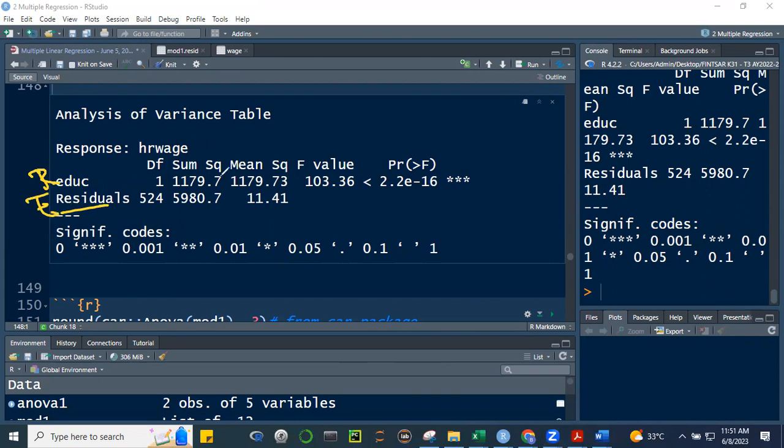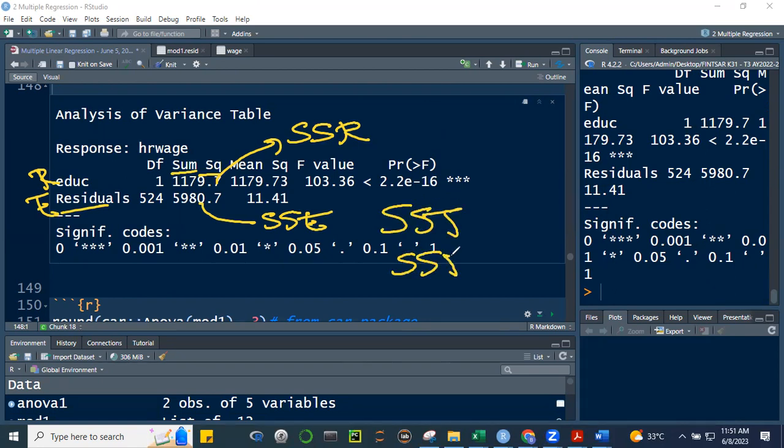So this class is the SS, the sum of the squares. This is your SSR, and this is your SSE. I mentioned a while ago that there are three things we need to look at: your SST, your SSR, and your SSE.